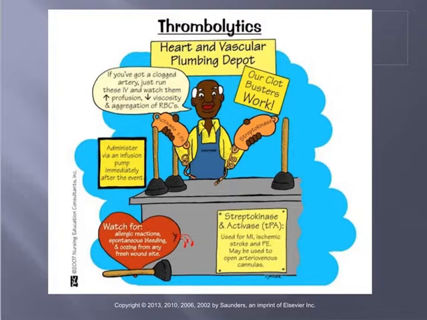TPA is given only in the emergency room or in the ICU setting, but you could get a patient after they've had it, and they are at risk for bleeding for, I believe it's up to 24 hours, even 48 hours after giving this medication.